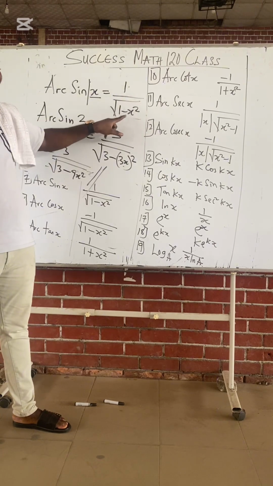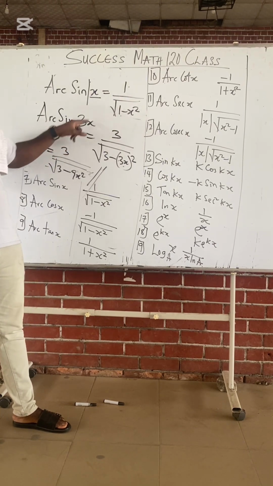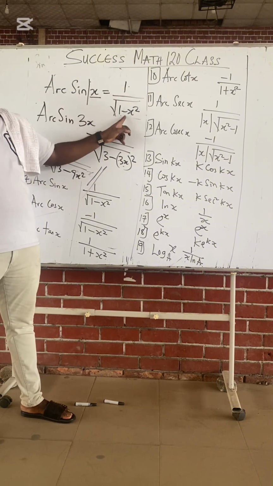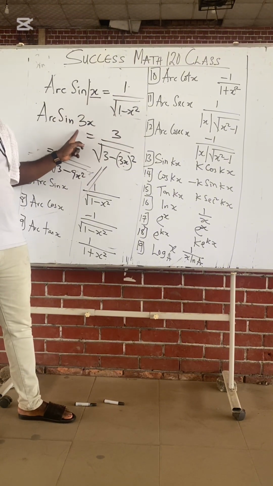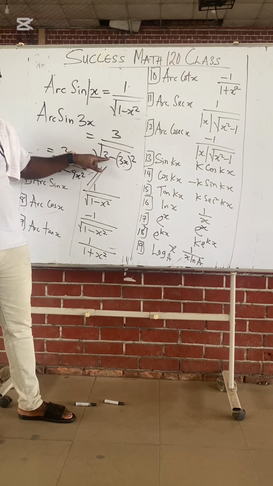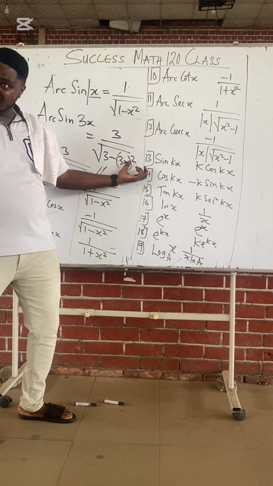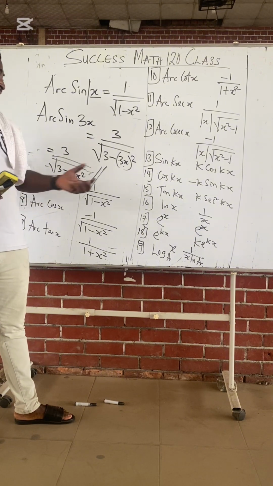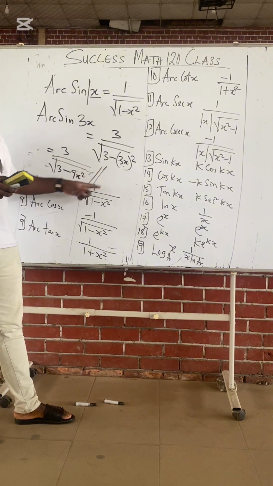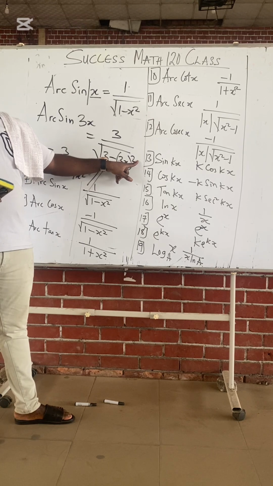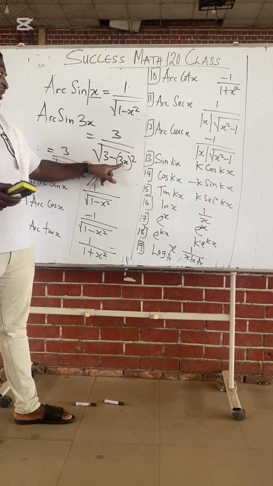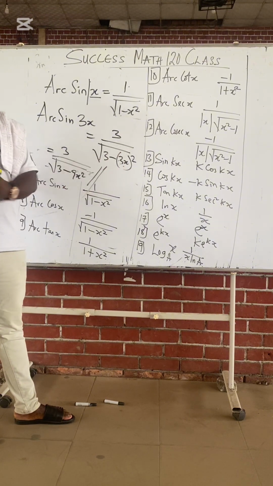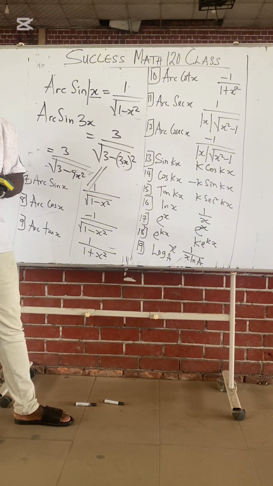That's 1 all over the square root of 1 minus x squared. Now that it is 3x, will it still be 1? So if arc sine 1x is 1 all over the square root of 1 minus x squared, arc sine 3x will be what? 3 over the square root of 1 minus 3x all squared, because x squared is x squared now and 3 squared is 9. So 3, square this first, 3 squared is 9, x squared. Are you seeing it?